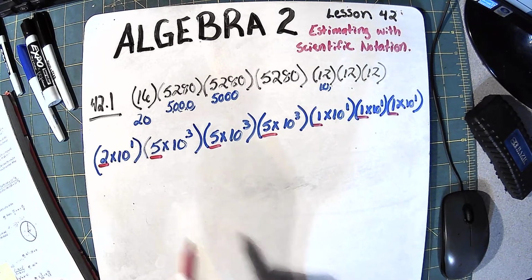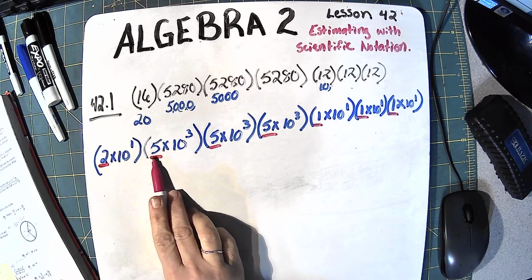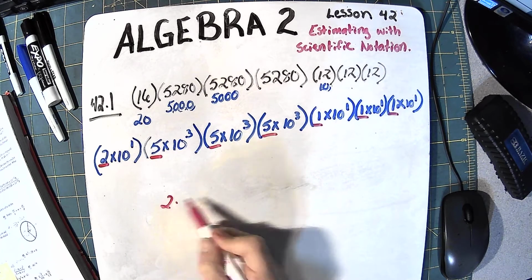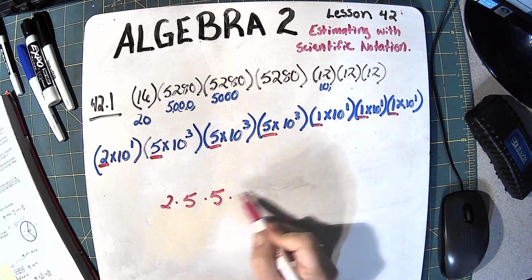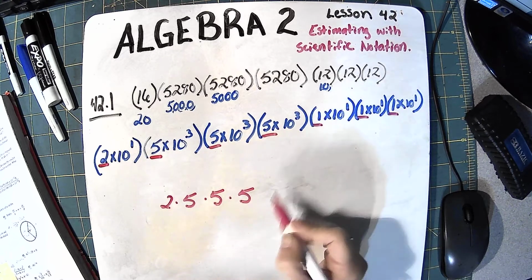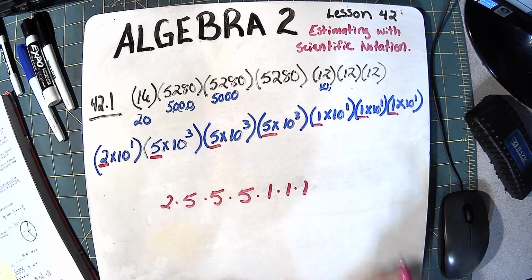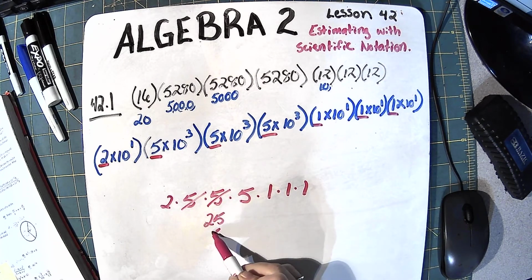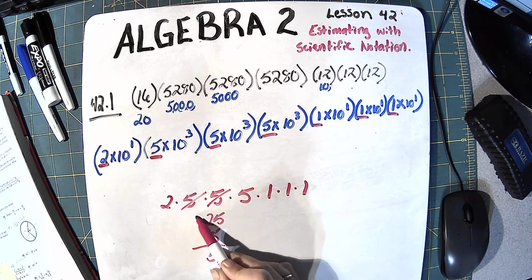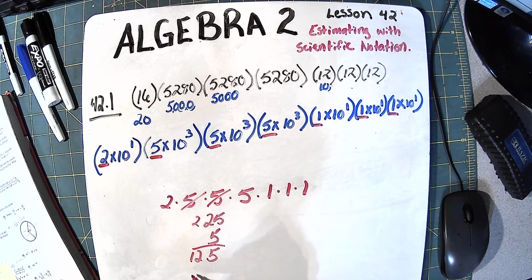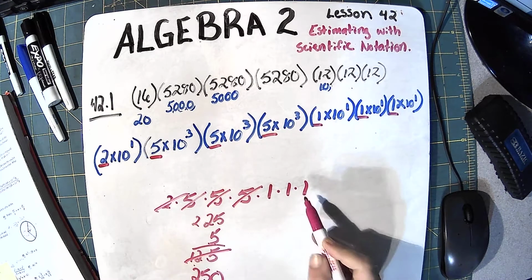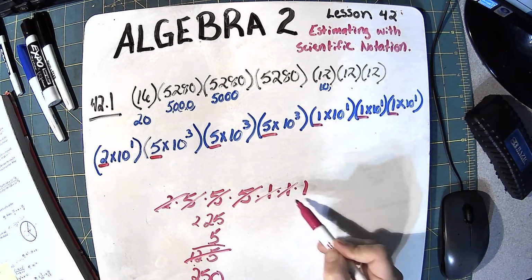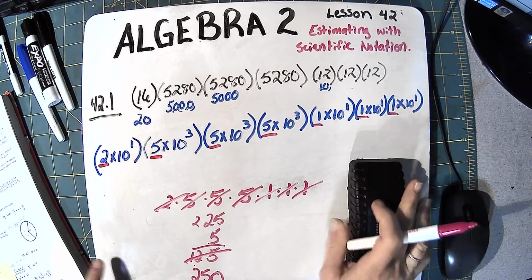I'm going to do my 5s first. 5 times 5 is 25. 25 times 5 is 125, and then that times 2. 2 times 125 would be 250. Then times 1 is still 250, times 1 is still 250, and times 1 is still 250.